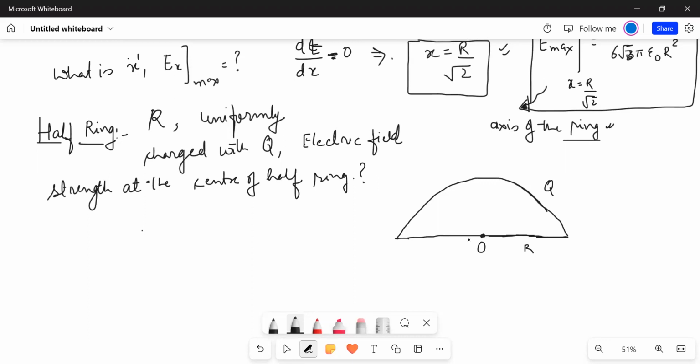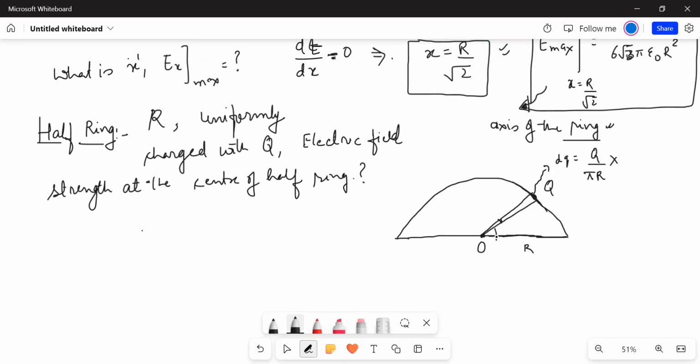How to find it? What I would do is take a differential element here. So what is the total charge contained here? Let us say that charge is dq, which is equivalent to writing Q upon pi R into the length here.